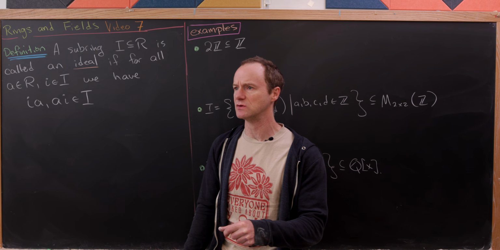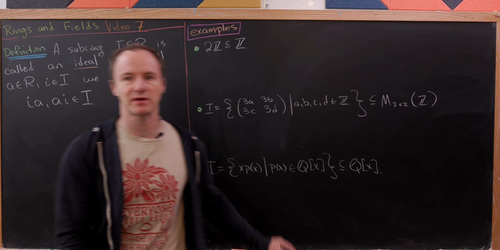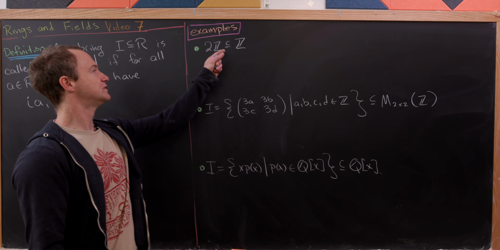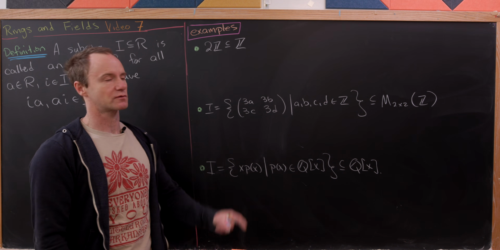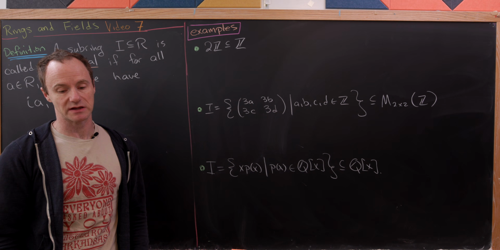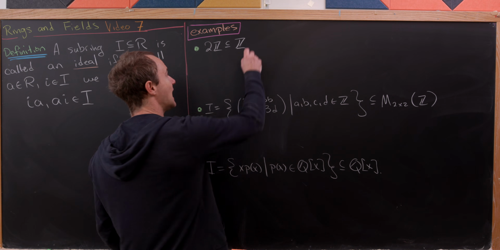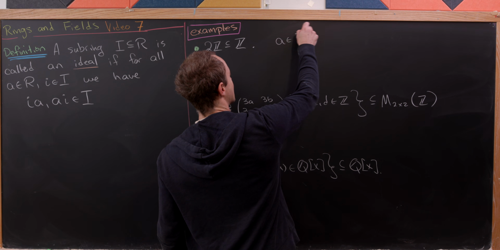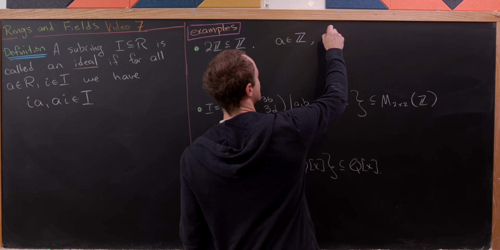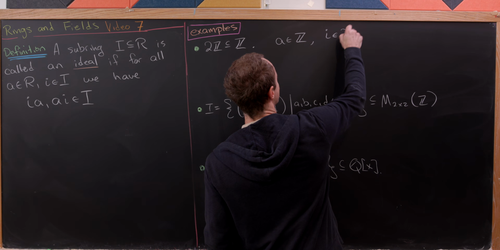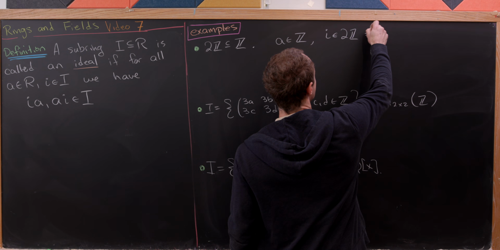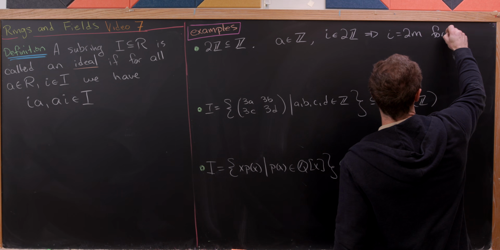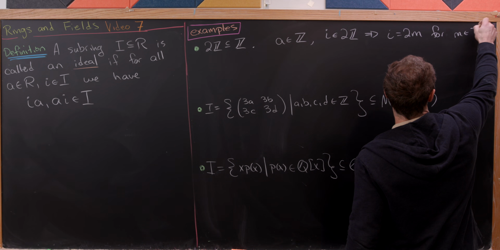And now we're going to get to exactly what that gives us in a bit, but let's look at some examples of ideals. And so 2Z inside of Z is an ideal. Recall that 2Z is just all even integers. And we can check this pretty easily. So let's take an element a from Z, so that's any integer, and let's take an element i from 2 times Z. But let's observe that that means that i is equal to 2 times m for some m inside of the integers.